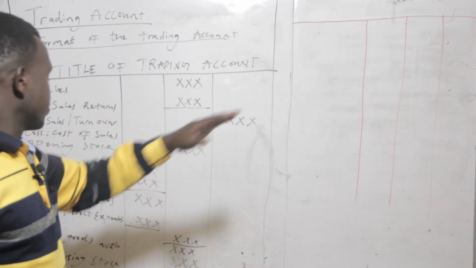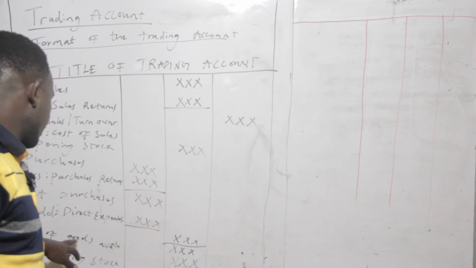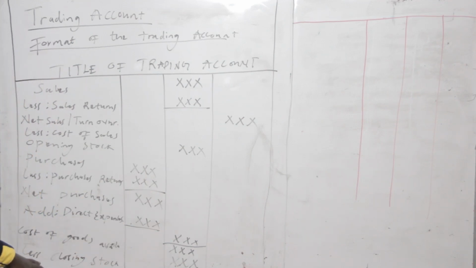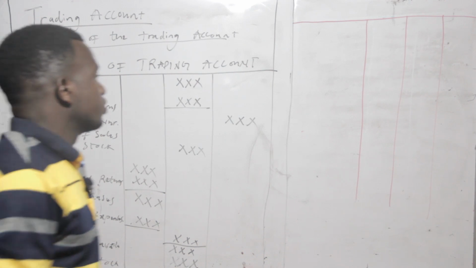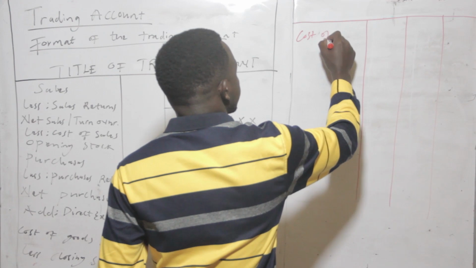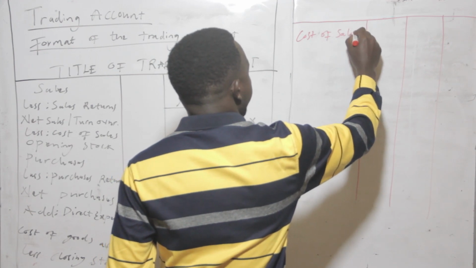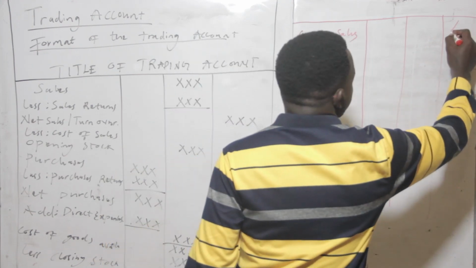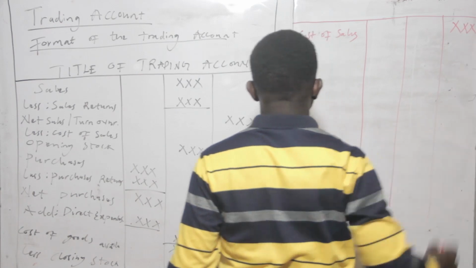So we'll say cost of goods available, less closing stock, and we're going to have cost of sales. And the cost of sales, we're going to put them in the last column.